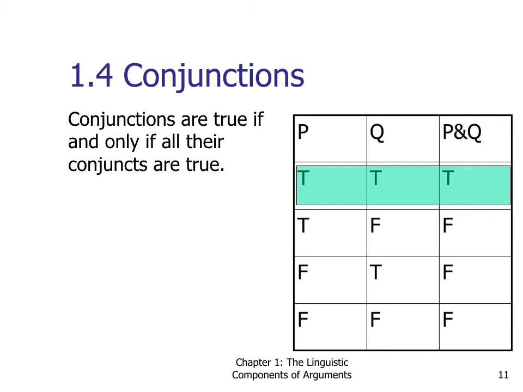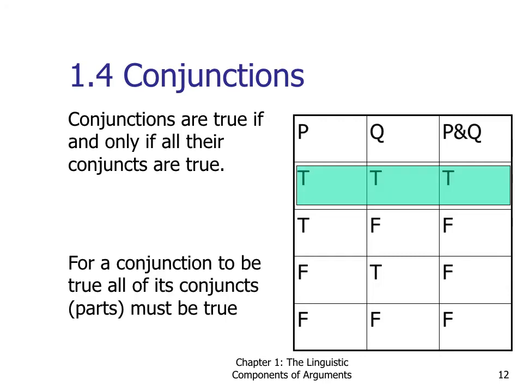One of its conjuncts is P, one of its conjuncts is Q. So in this first row, you see P is true, Q is true, and because of this, P and Q is true. Again, conjunctions are true if and only if all their conjuncts are true. And we only have that in this first instance.